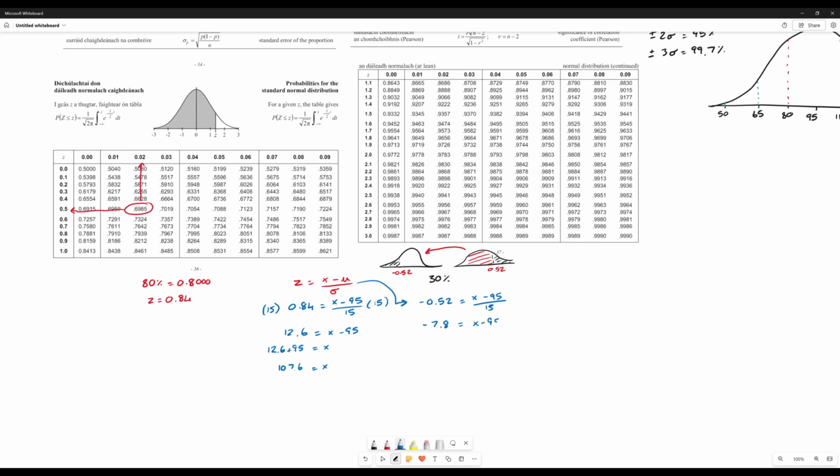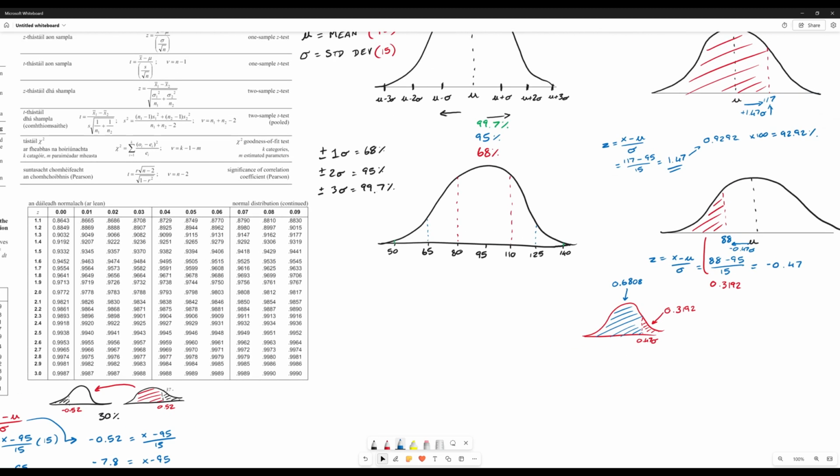You will have your calculator and your brains, hopefully, in your exam. And then this would have to be 87.2, maybe. What we'd be saying is if you want to get to the lowest 30% of people in Ireland, you'd have to go to an IQ score of 87.2, which would be here somewhere. And that looks about right, that this would accommodate the bottom 30% of the population. That's the main bit of the question.